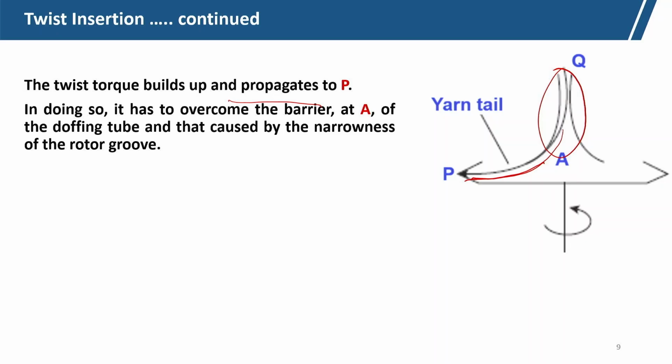In doing so, it has to overcome the barrier at A. First, A is a barrier of the doffing tube. So, this is the doffing tube. This twist torque has to propagate to P, so first it has to pass the barrier at point A, the doffing tube, and the barrier caused by the narrowness of the rotor groove.